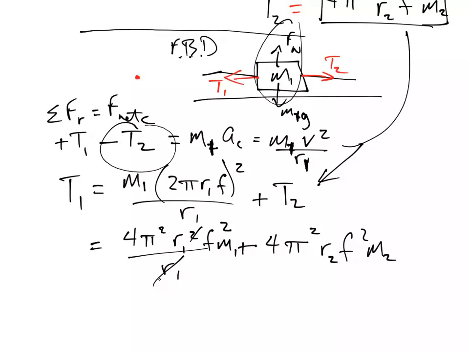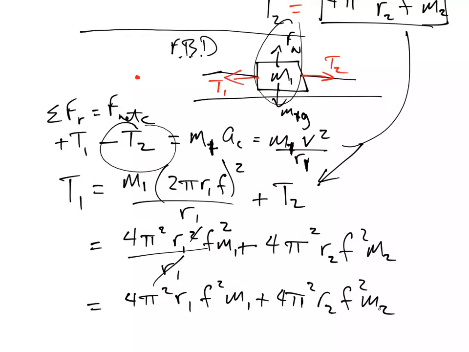So now, let's see if we can simplify this somewhat. Let's go 4 pi squared R1 f squared M1 plus 4 pi squared R2 f squared M2. Now, what common terms do you see here? Yeah, there's a common term of 4 pi squared f squared, right?